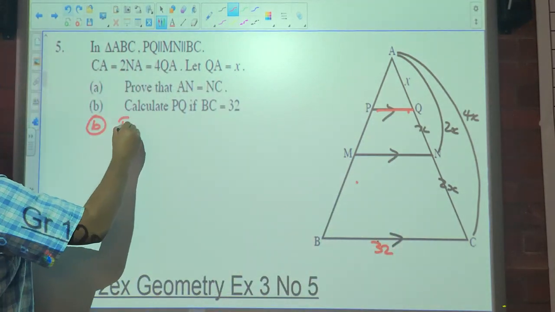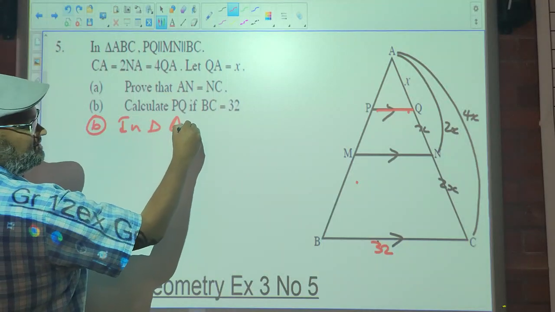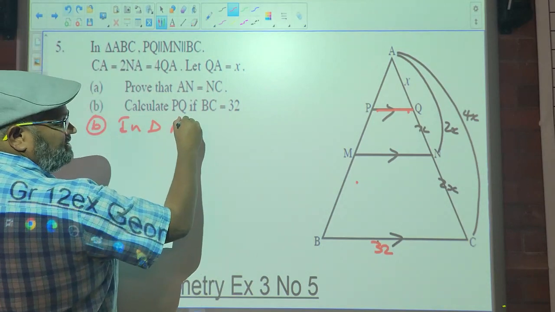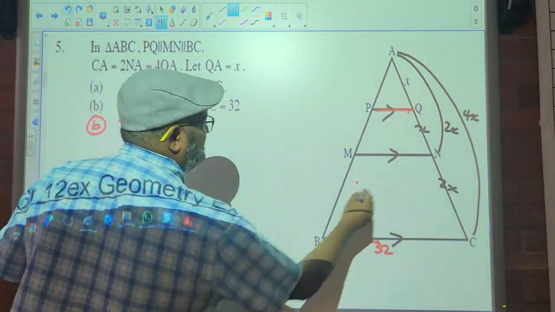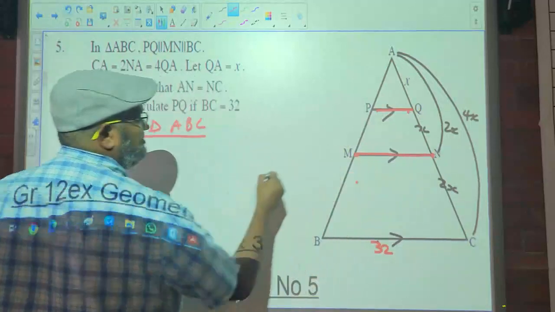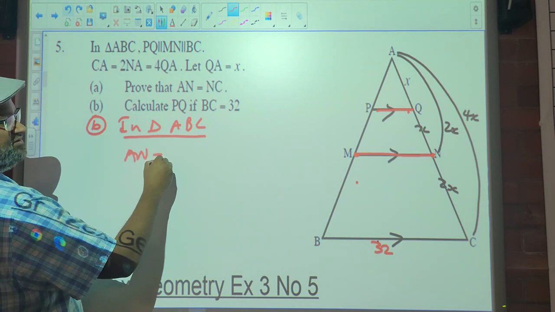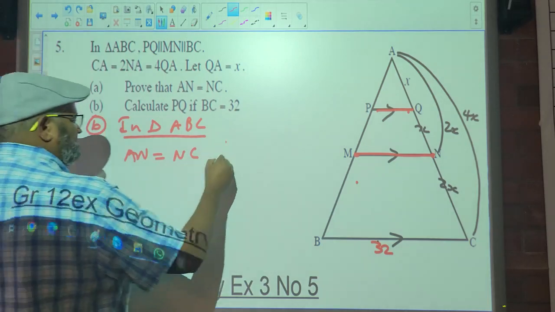But of course, we have to lay it out. So we say in triangle ABC, the big triangle, we know that AN is equal to NC. Now, where did we get that from? Was it given to us? Proven. We just proven that.